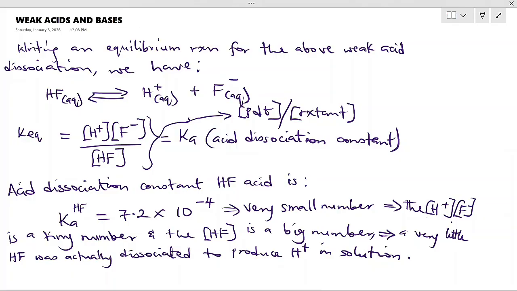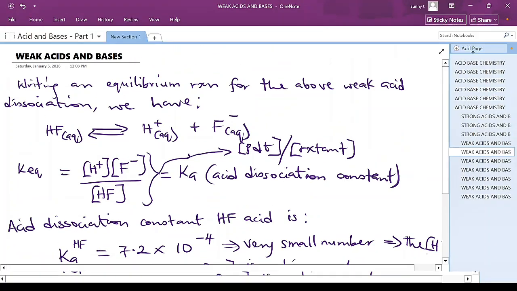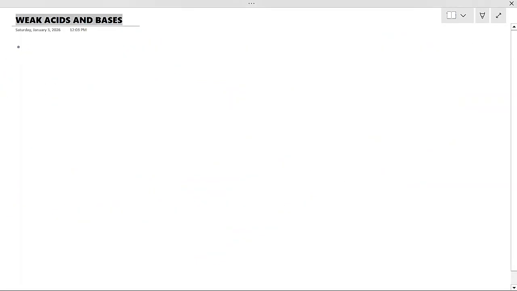We want to look at an example in the next slide. So this will form our example 2. We are looking at weak acids and bases, and we want to look at phosphoric acid.